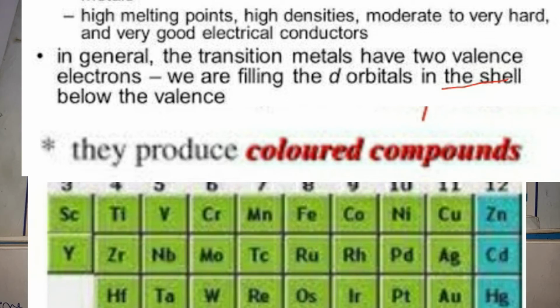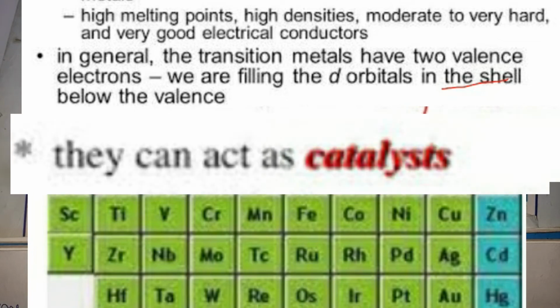These transitional elements have two valence electrons filling the d orbitals in the shell below the valence. That is, first we fill the S shell and then fill the D shell. And they can produce colored compounds, children. They can also act as catalysts.